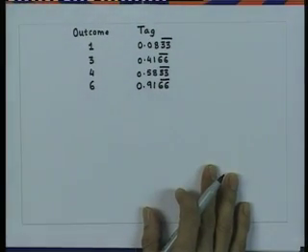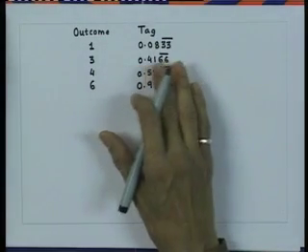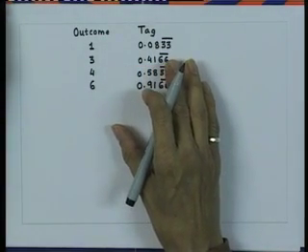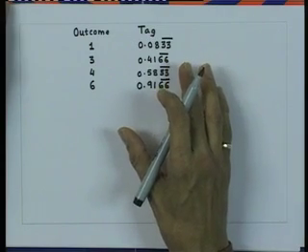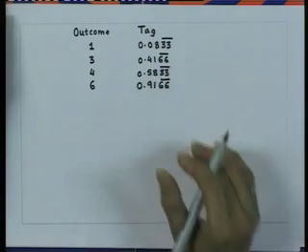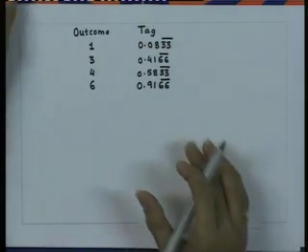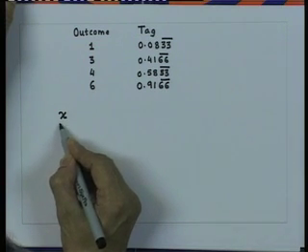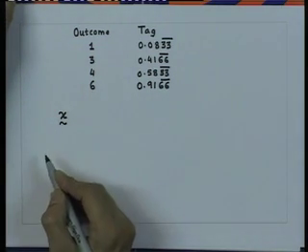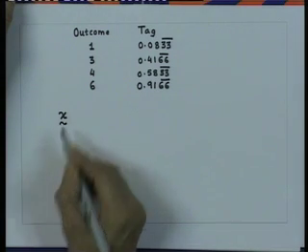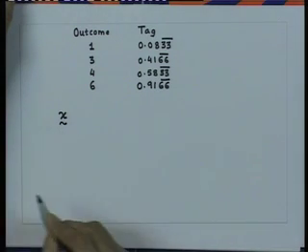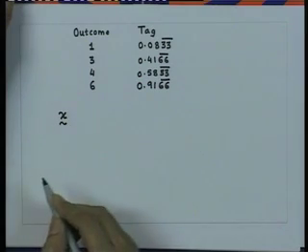Now, this approach can be easily extended to longer sequences by imposing some kind of an order on the sequences. We need an ordering on the sequences because we will assign a tag to a particular sequence. For example, let us denote a particular sequence as x with an underscore.